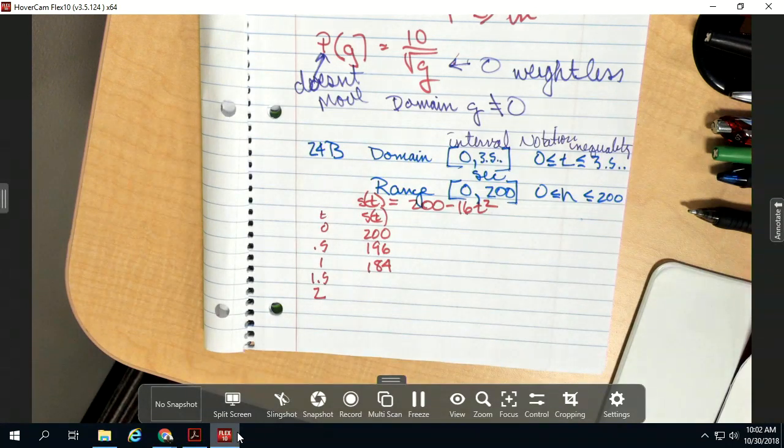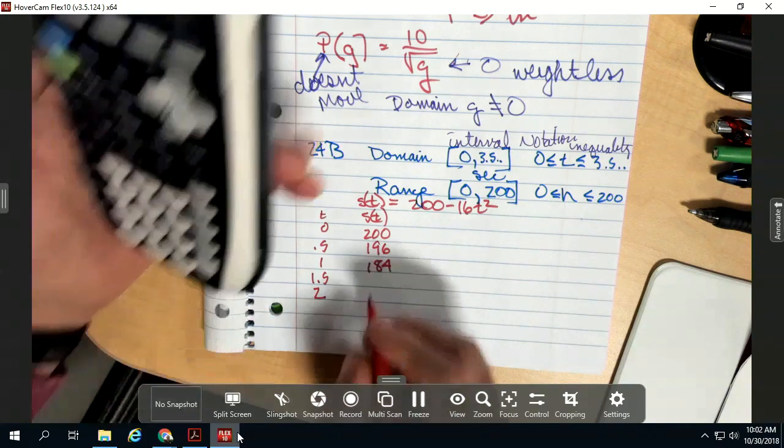200 minus 16 times 1.5 squared. And what does your calculator say? 164.